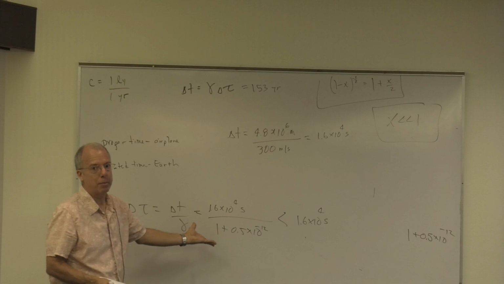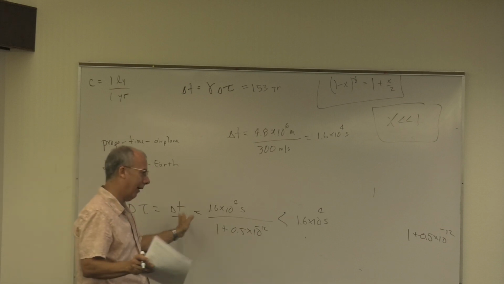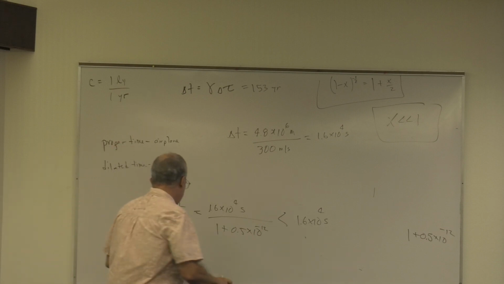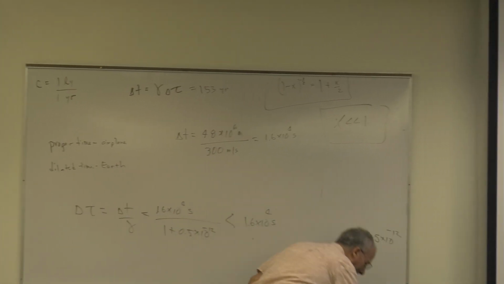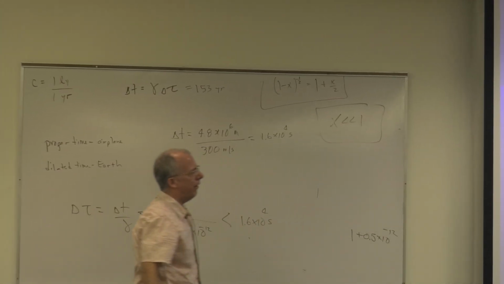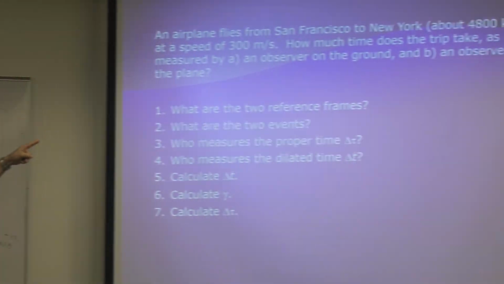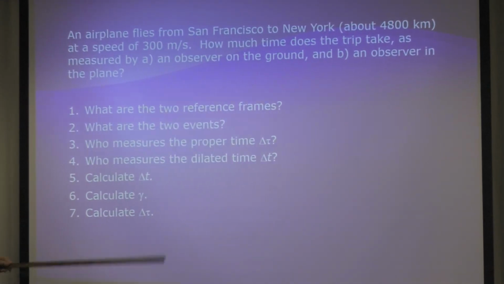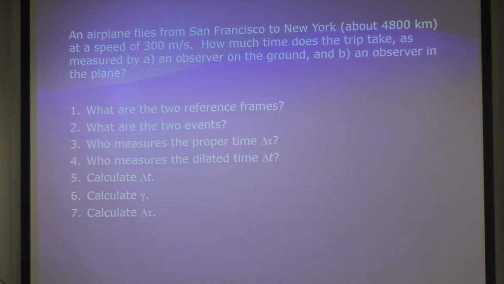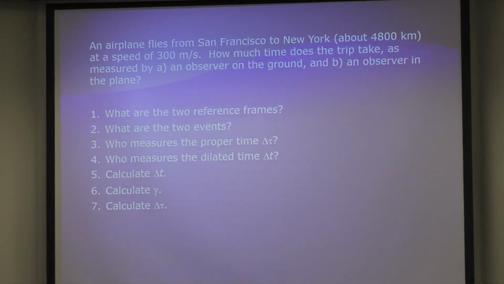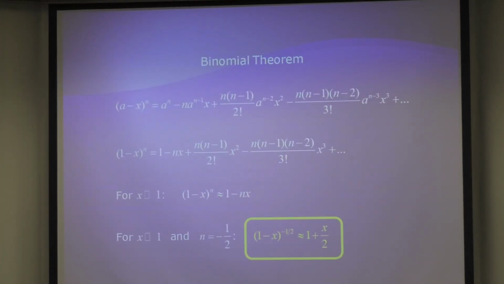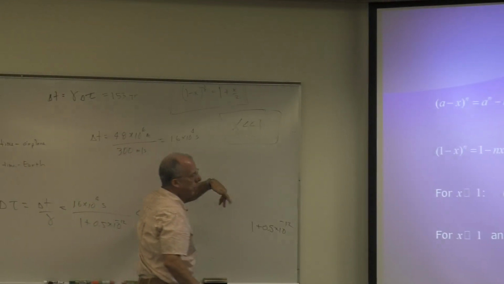But not by much, just barely less, but it is less. So I guess what I should say is that it's really very silly to do a problem like this with relativity because the speed is just too small. But again, the only reason I showed you this problem is so I could show you this approximation, which we use a lot.